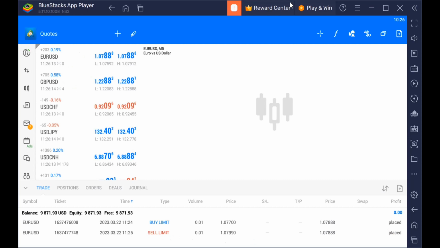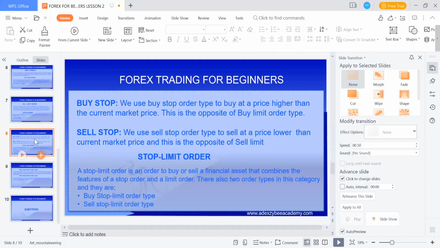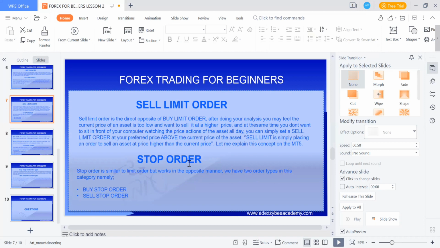Let's go back to the slide. Now the next one is buy stop. We have stop orders.